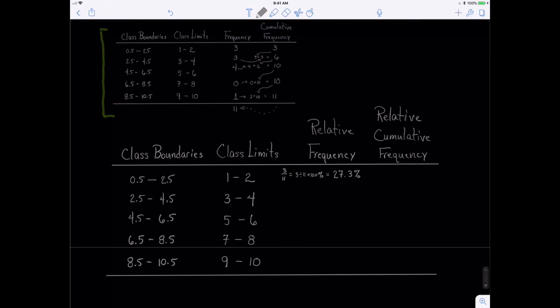The next class has the same frequency, so that one is also 27.3%.